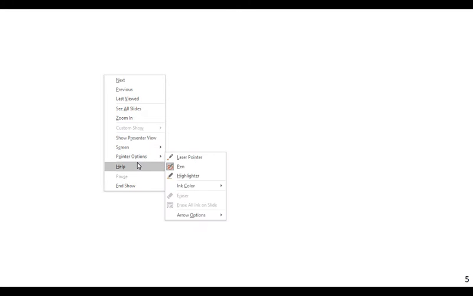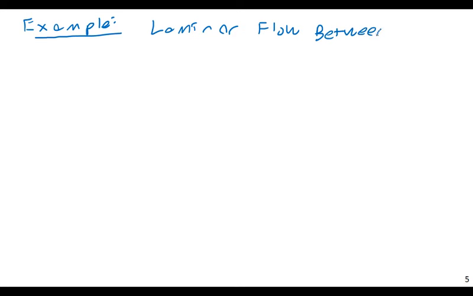Okay, so I think I want to go directly to some examples. That might be a better use of our time, writing out a few example problems. Example: let us look at laminar flow between parallel plates.